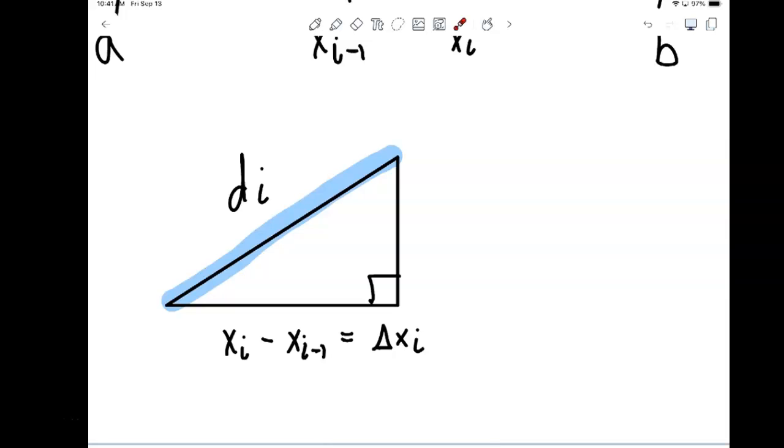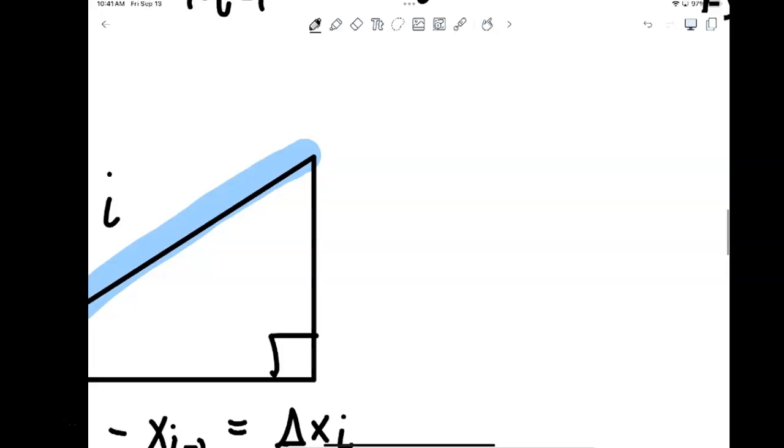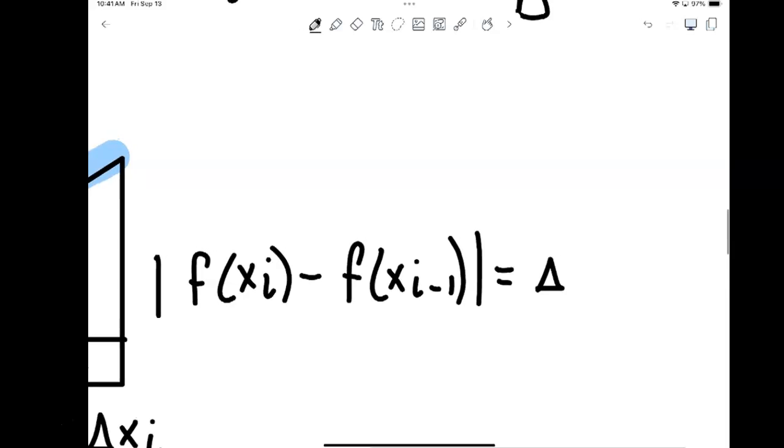Well, then the height of this rectangle will actually be, as a length, the absolute value of the difference between f of x sub i and f of x sub i minus 1. And we're going to call that delta yi.